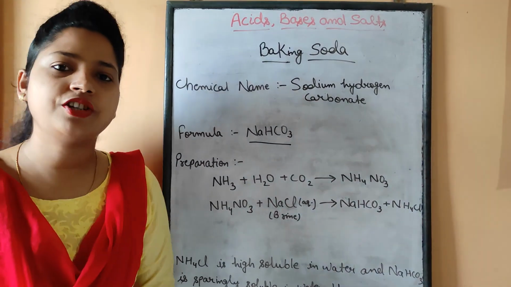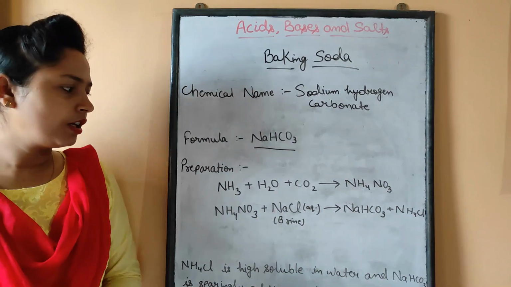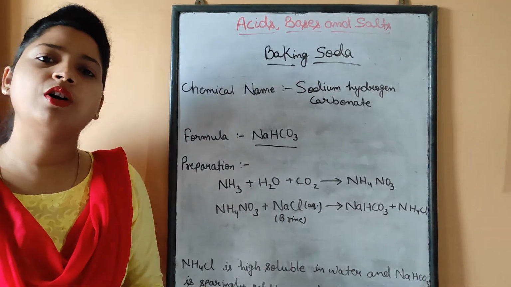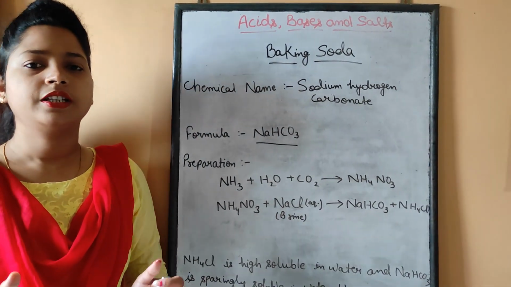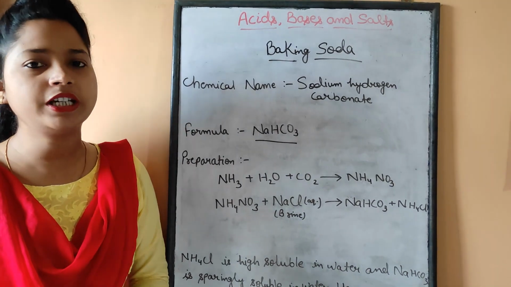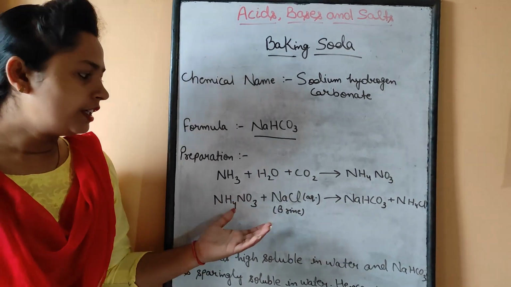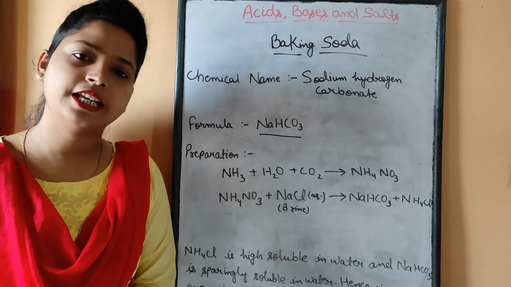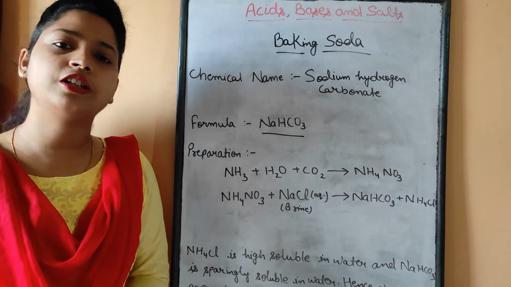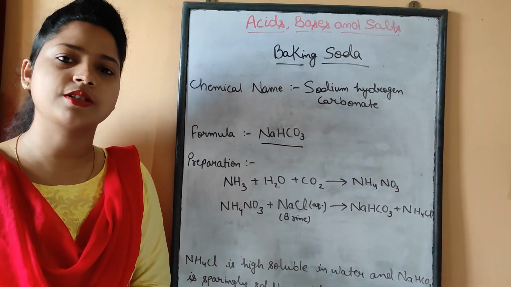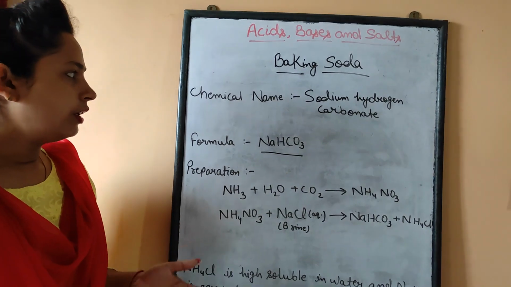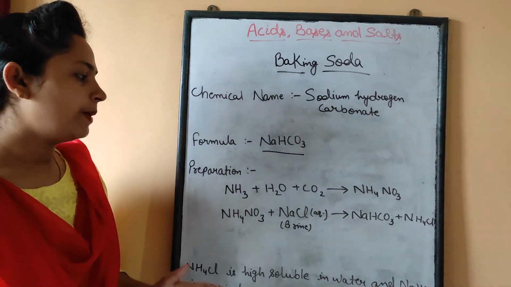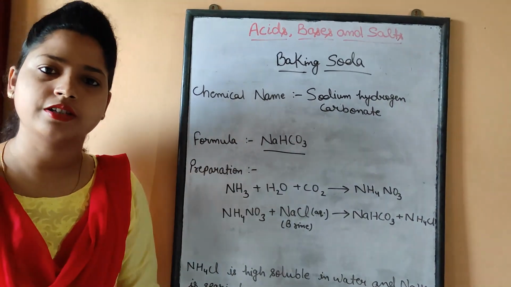Now, the preparation method: how can we prepare it? I have already told you that the preparation of each and every compound is learned with the help of NaCl, which means the raw material should be NaCl, that is common salt. So, baking soda is prepared by a two-step reaction.